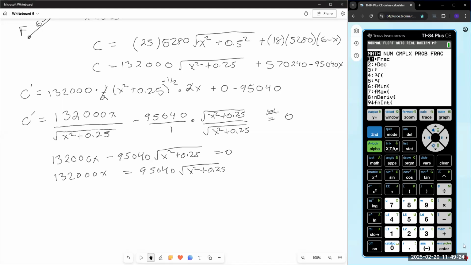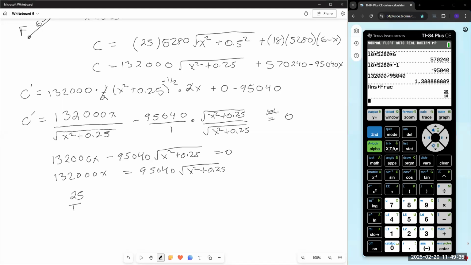Math answer to fraction. It's going to give me 25 over 18. So 25 over 18x is equal to the square root of x squared plus 0.25.